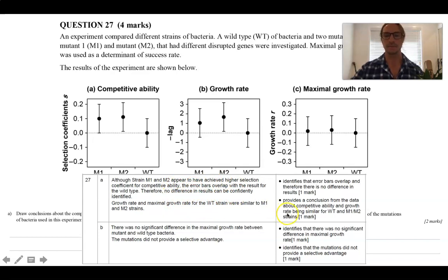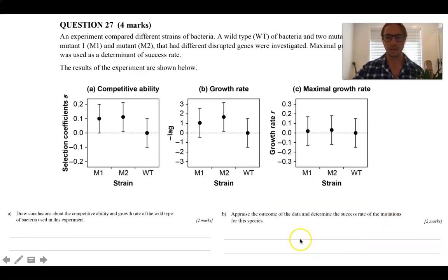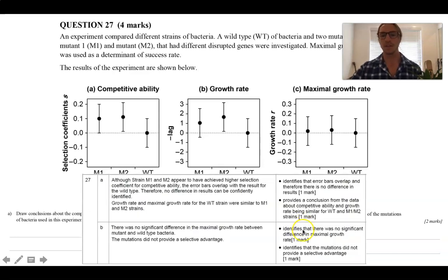So B, it's asking you, let me just check the question, appraise the outcome of the data and determine the success rate. So you get 1 mark for identifying that there was no significant difference in maximal growth rate. And we can easily see that, but you can refer to, again, the overlapping error bars there if you like.